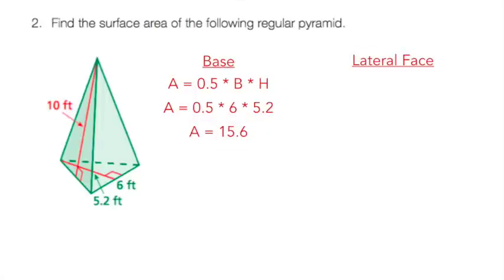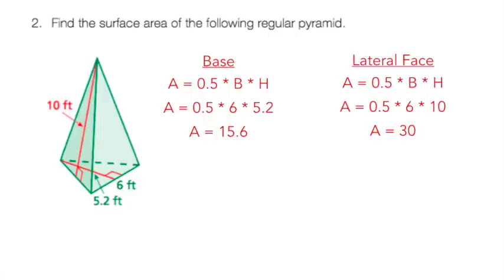Now we're going to find the area of one lateral face, and then we're going to multiply it by 3. So 1/2 base times height. 1/2 times our base is 6, and then our slant height is 10. So that gives us an area of 30.